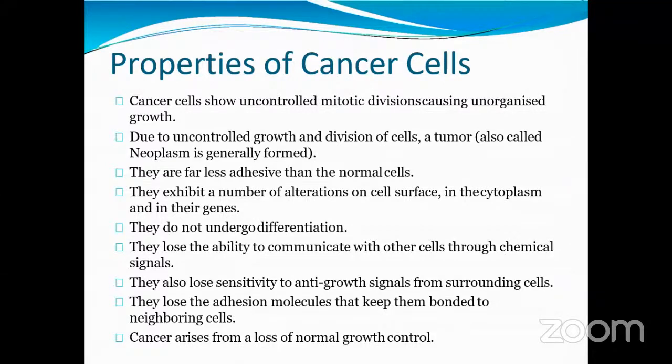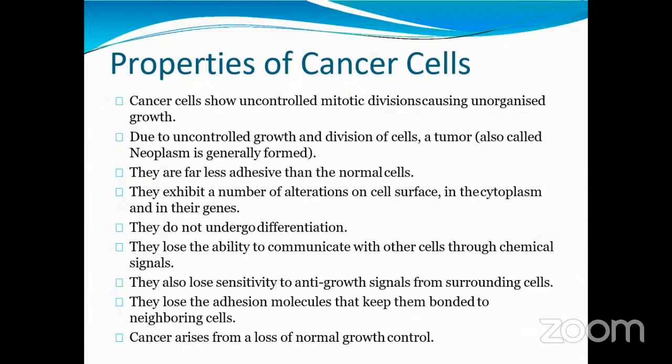They do not undergo differentiation. Once they become a cancerous cell, there is no further differentiation. Then they lose the ability to communicate with other cells through chemical signals. There is cancer cell signaling. They also lose sensitivity to anti-growth signals from surrounding cells. That is called loss of contact inhibition.